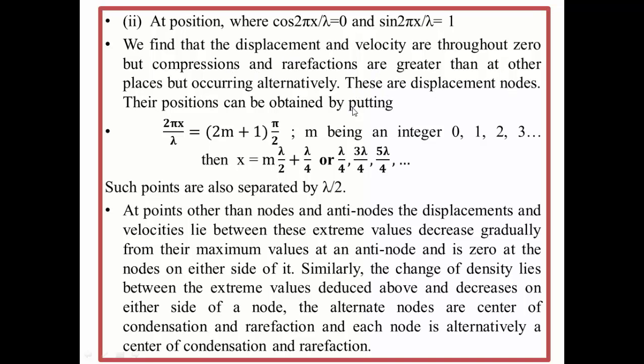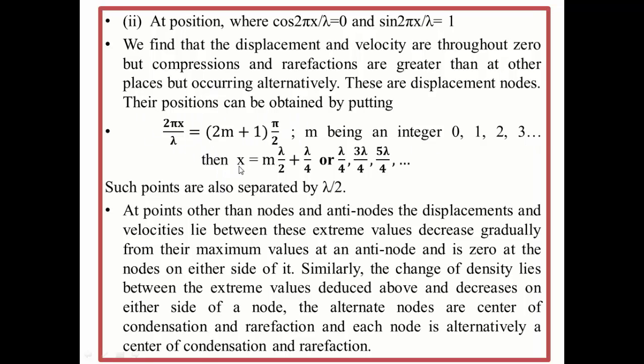So these points are called the nodes, and they are obtained by putting 2πx/λ equal to (2m+1)π/2. We put (2m+1)π/2 in cos and we get 0, with m being an integer 0, 1, 2, 3.